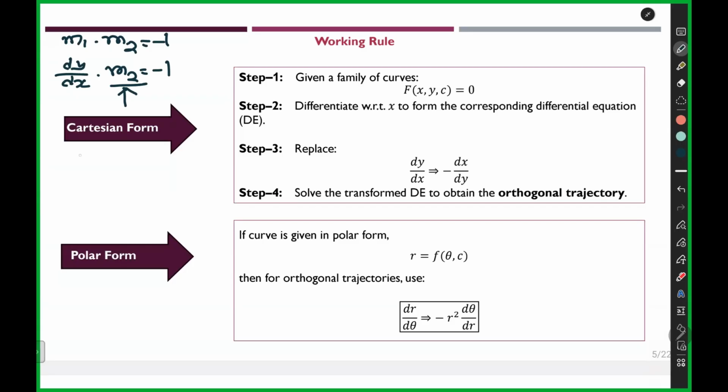The slope of the curve we are finding is nothing but minus dx by dy.